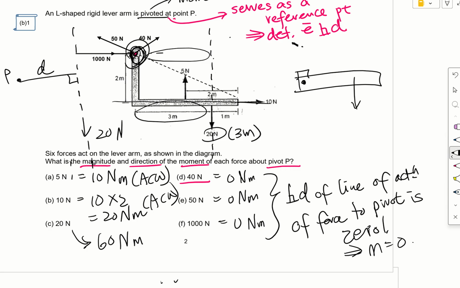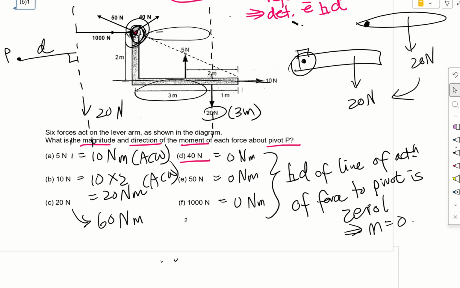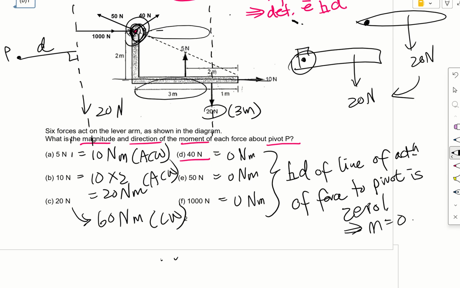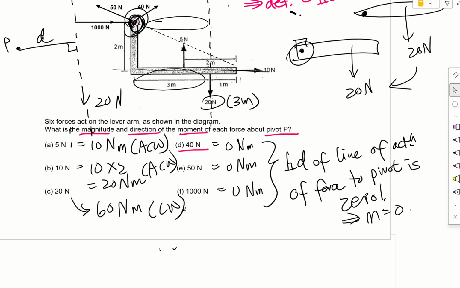The 20 Newton is applied here on the right hand side and it's going downwards. So I will hold my pen here and apply a downward force of 20 Newton, and this will result in a clockwise moment. So this is how you find the magnitude and also the direction.